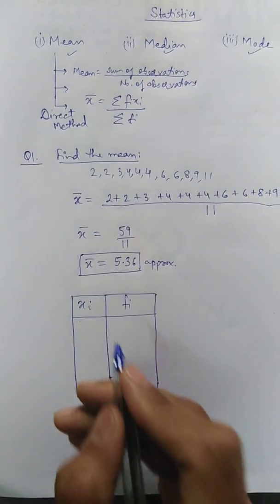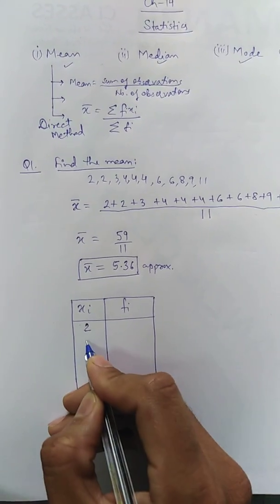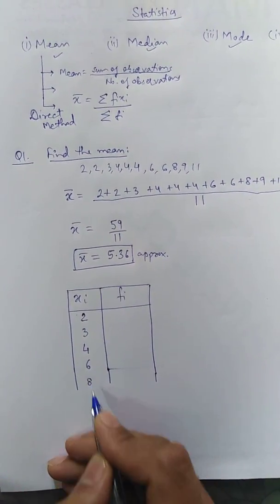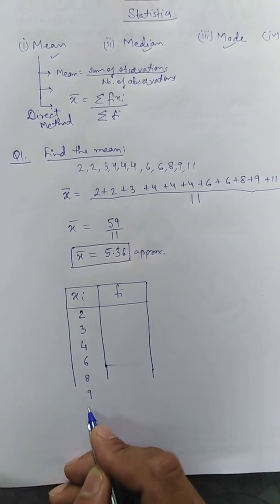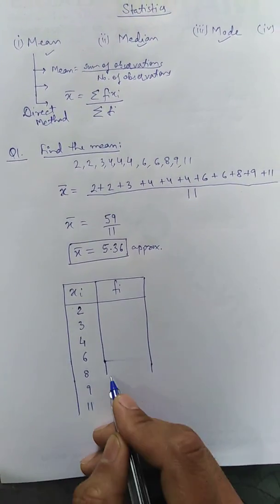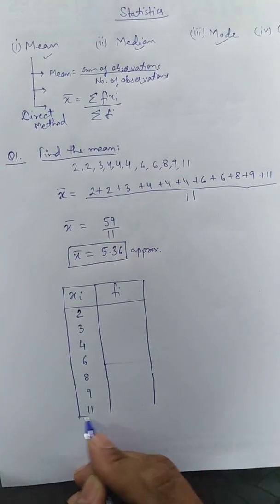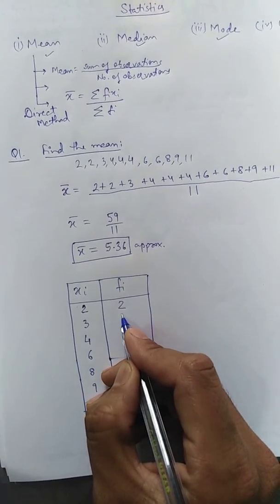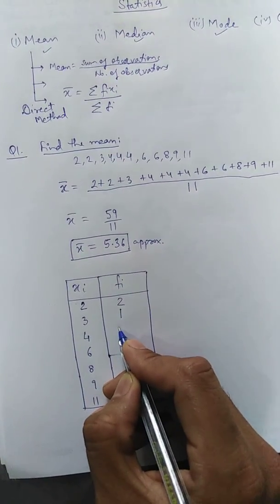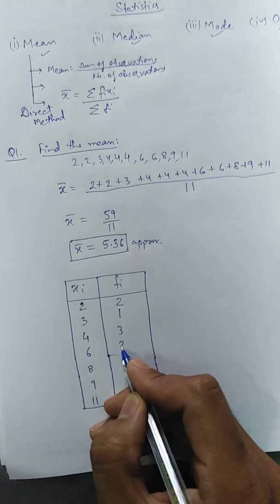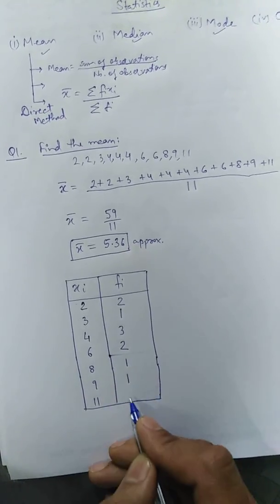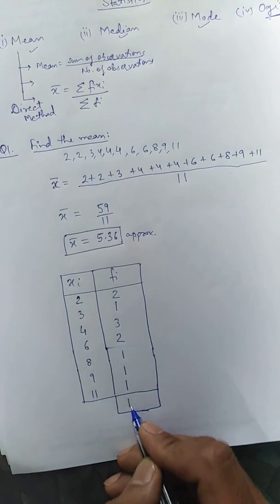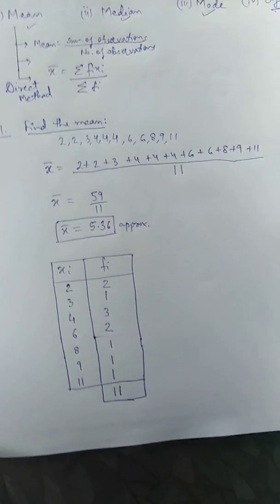The observations here are 2, 3, 4, 6, 8, 9, 11, and their frequencies: 2 is occurring 2 times, the frequency is 2; 3 is only 1 time, frequency is 1; 4 is occurring 3 times, frequency is 3; for 6 the frequency is 2; for 8, 9, 11 each the frequency is 1. Which gives the total number of observations as 11.